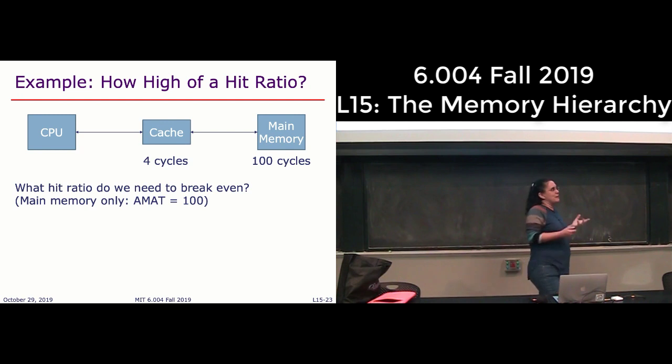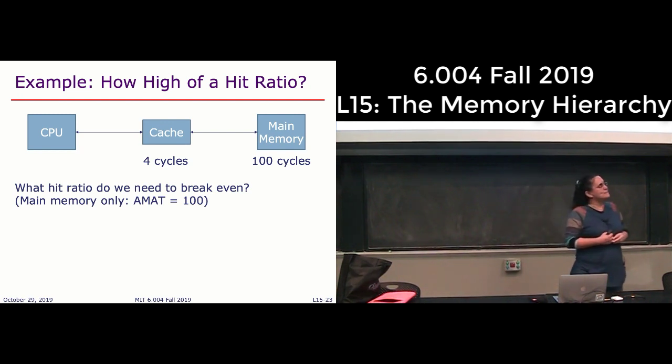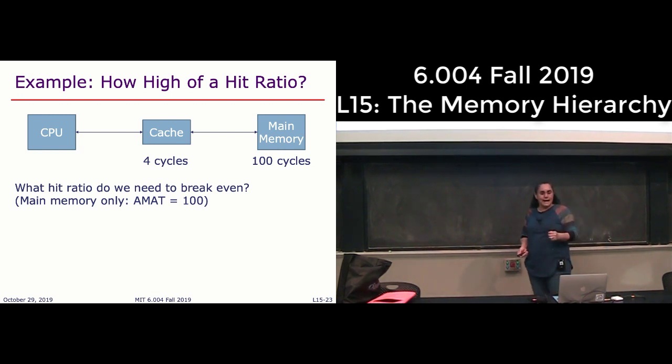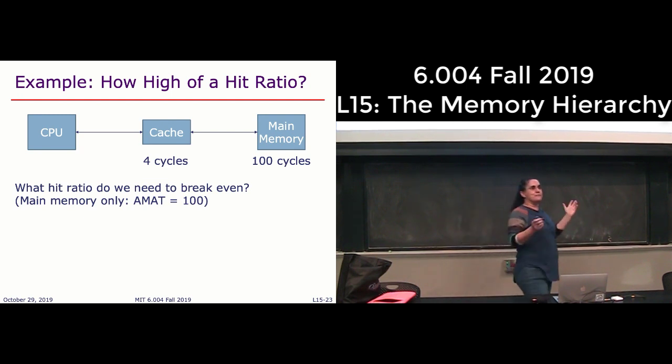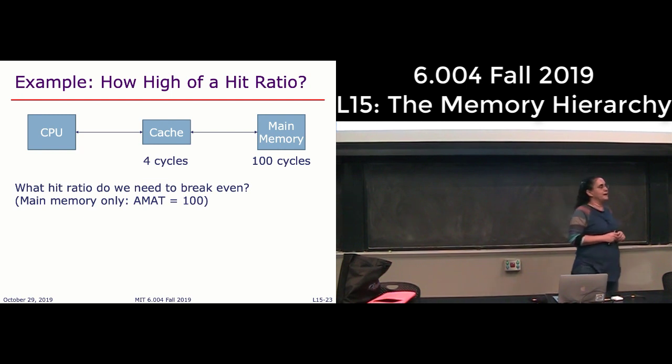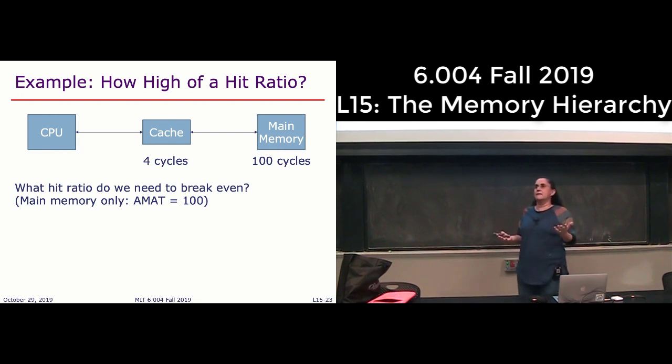So the first question I want to ask myself is, how high does my hit rate have to be so that adding this cache between my CPU and main memory does no worse than if my cache wasn't there? Okay? So if I didn't have a cache, every single time I accessed main memory, how long would it take me to access it?